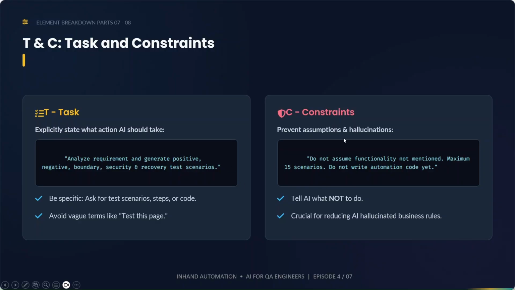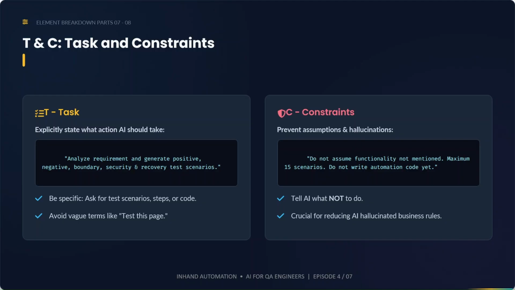The next is constraint. Constraint means, for example, do not assume any functionality that is not mentioned in the requirement. In the constraint, we are telling the AI that do not assume anything.